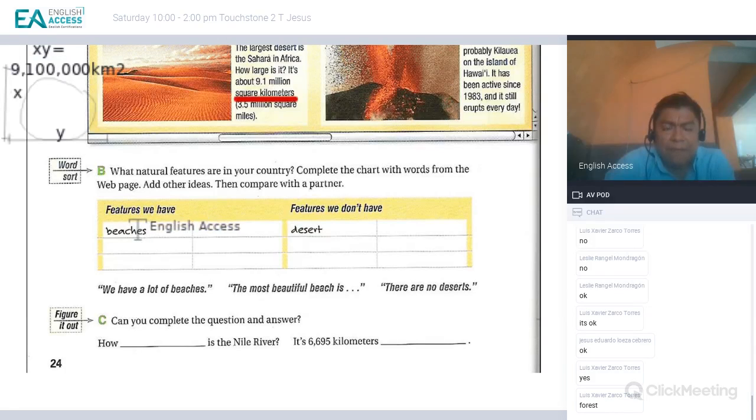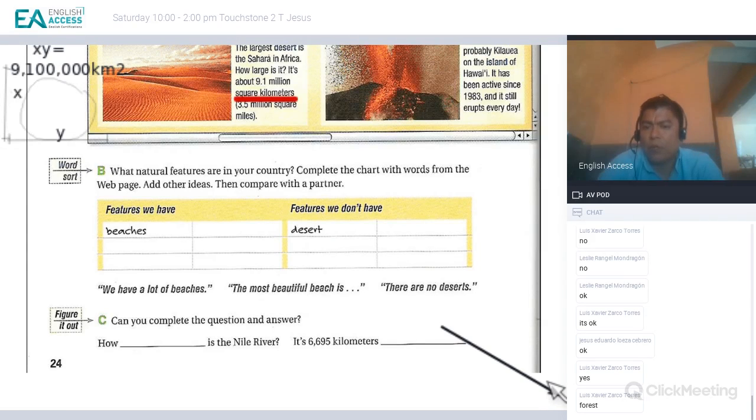So features we have. You can't write in here, but we already did that, right? Now tell me which features we don't have. This is easier. Type here in the chat. Type in the chat which ones we don't have to make it easy.